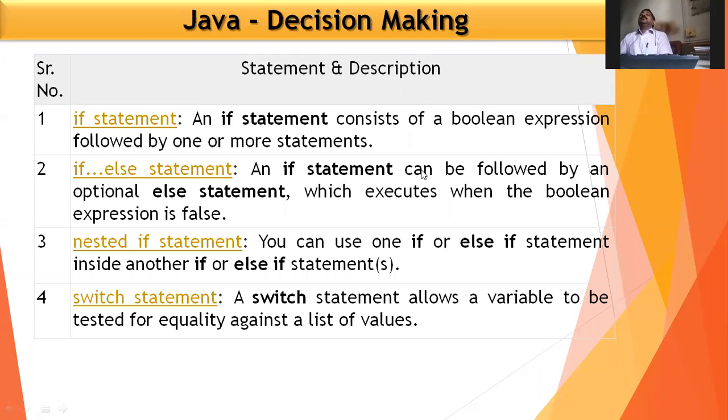If the condition written in the if statement is true, then the particular group of statements, one statement or multiple statements, can be executed. If the condition is false, then the if statement will be skipped, and the next statements written after the if statement will get executed.